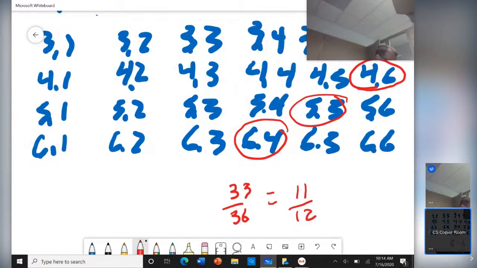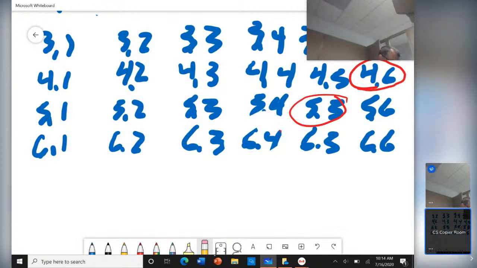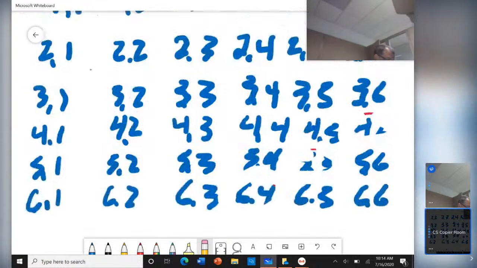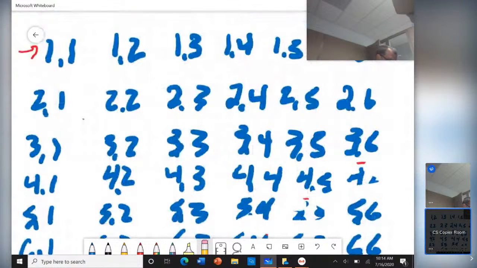And then the next one says, find the probability of showing the difference of 3. So we're going to look at numbers where the difference is 3. Right here. Right here.